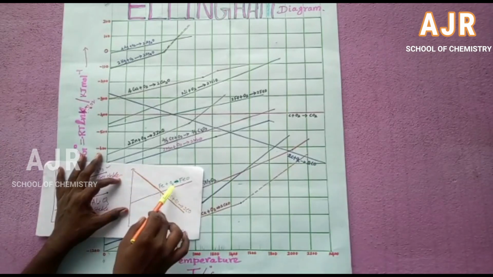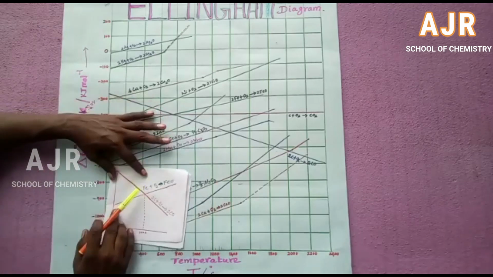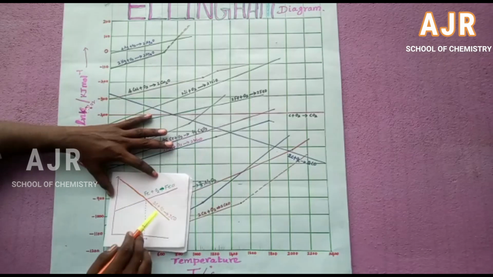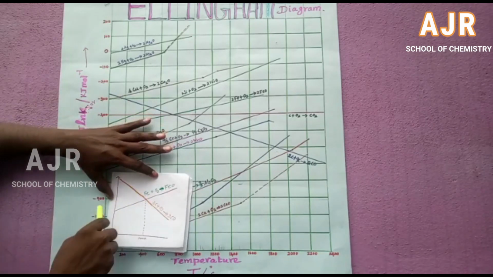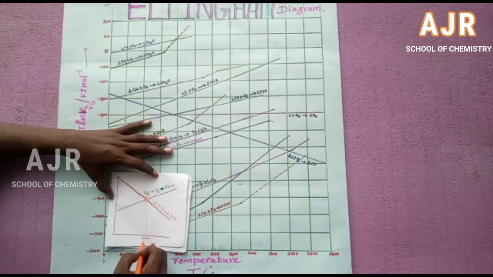These two lines, the FeO formation line and the CO formation line, intersect at around 1000 Kelvin.